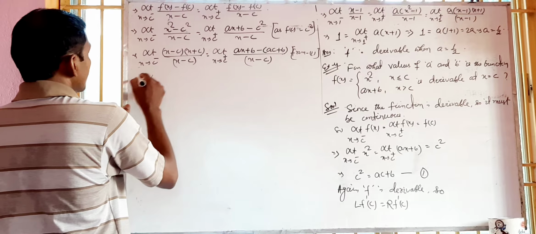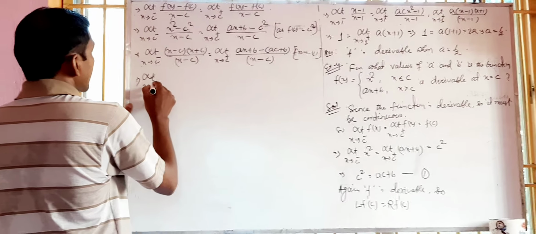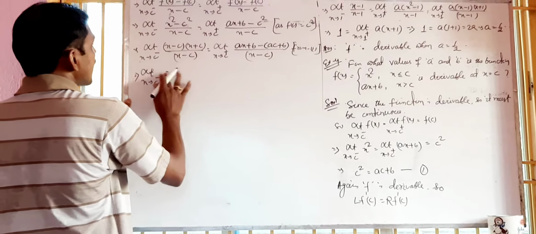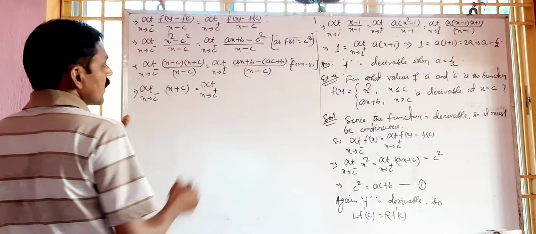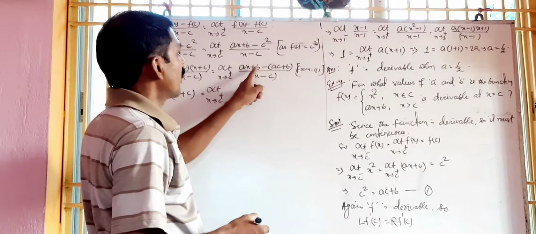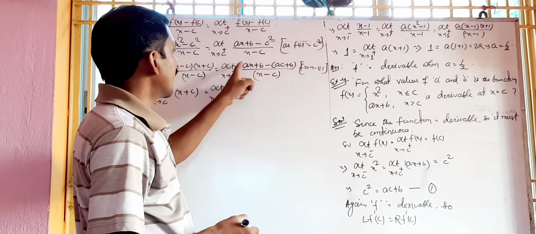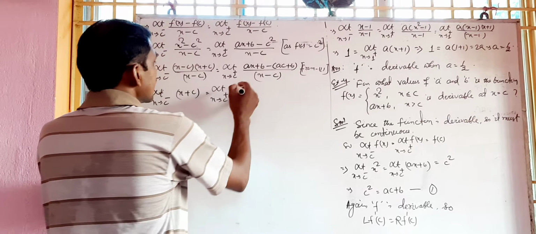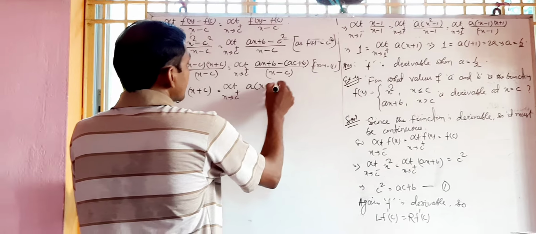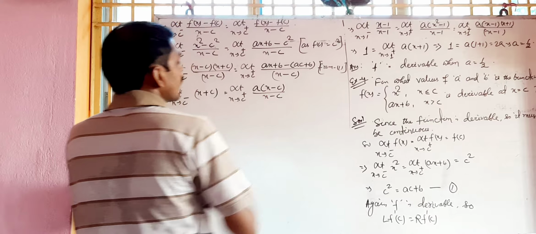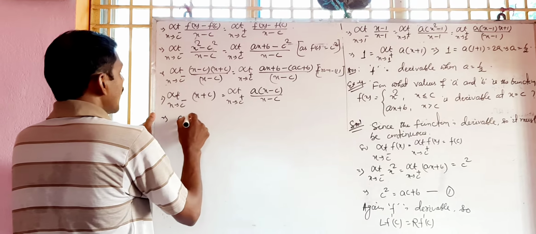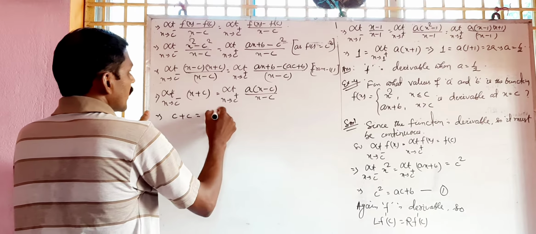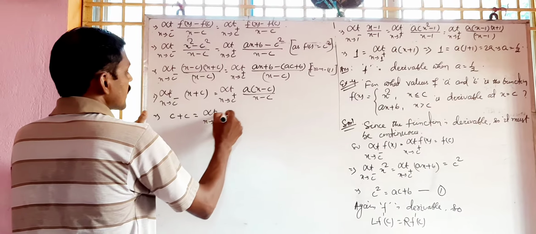Now x minus c will be cancelled on the left, so it is x plus c equal to limit x tends to c plus. If you open the bracket, plus b minus b will be cancelled, and it will be ax minus ac. So a will be common, so it is a into x minus c by x minus c.